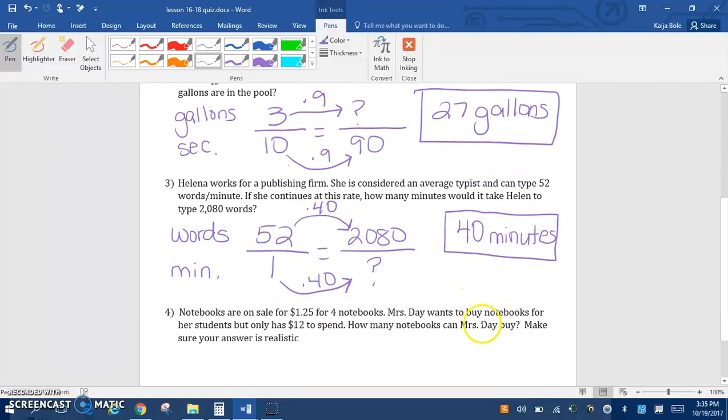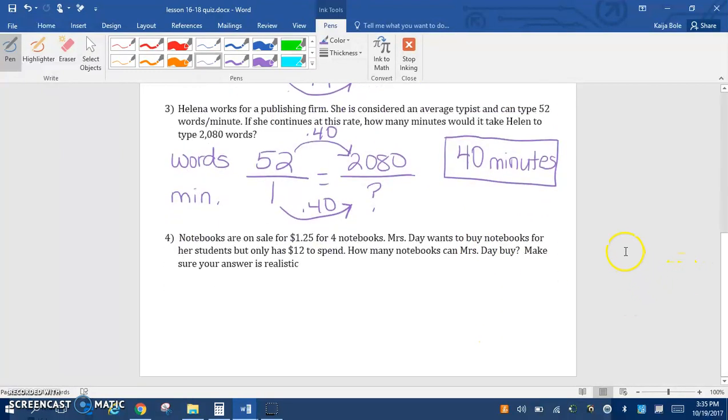And then for number 4, it says notebooks are on sale for $1.25 for 4 notebooks. Mrs. Day wants to buy notebooks for her students but only has $12 to spend. How many can she buy? And it says make sure your answer is realistic. So I'm comparing money on top to notebooks. And then they told us that the deal was $1.25 for 4.